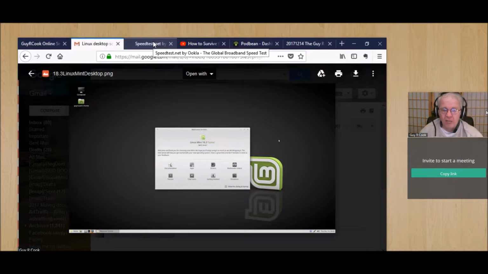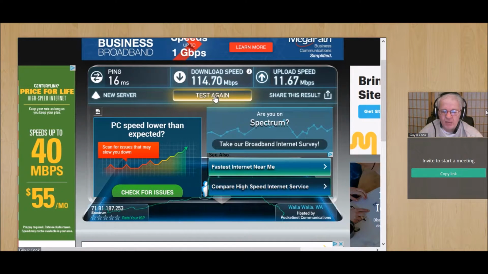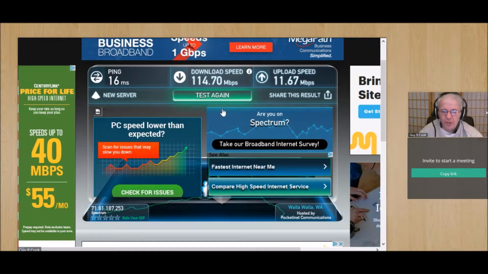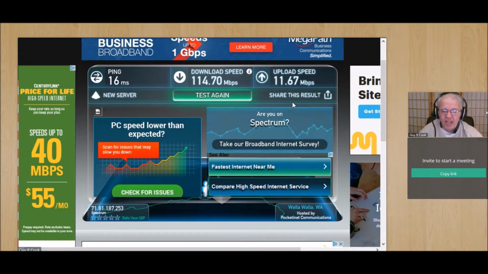My wife said, go call them right now. So I did. After power cycling the router and the wireless adapter, I now have this kind of speed. It's 114.7 down, 11 megs up, no change in the price. Big shout out thanks to the service rep at Spectrum who helped me with this. Her name, I think, is Tori, could be Corey, because I'm old and hard of hearing, but either way, it's great to have this increase in speed.